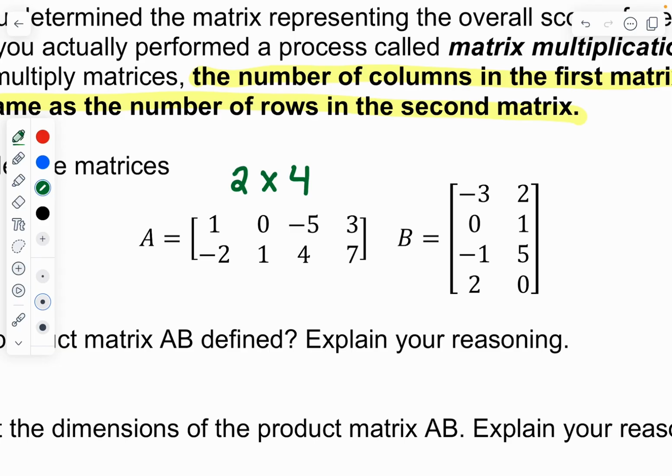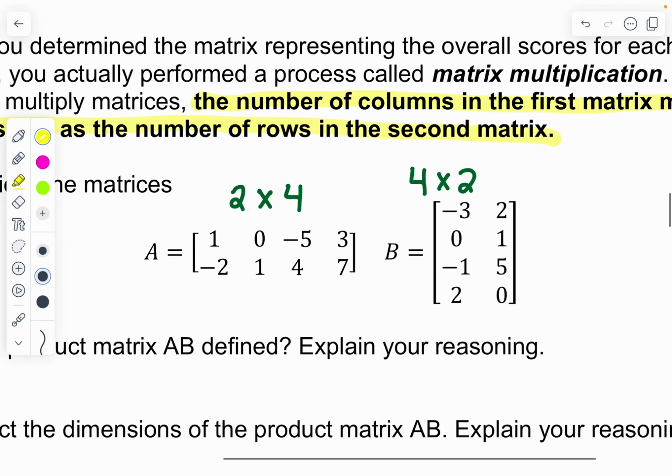So if we look at matrix B, notice matrix B is 4 by 2. When you multiply matrices, the columns in the first one and the rows in the second one have to match. In order to multiply, those have to match.